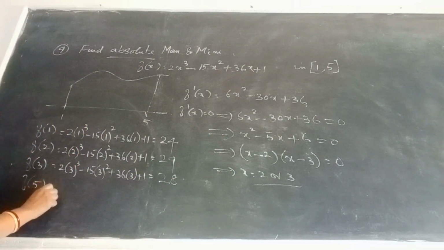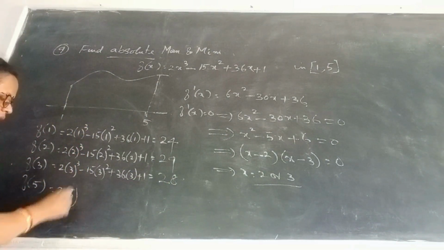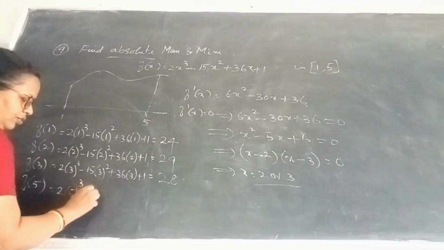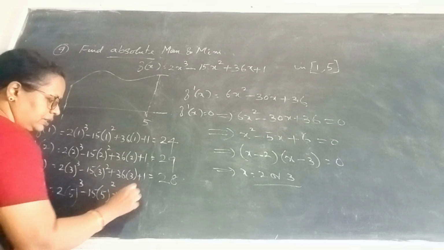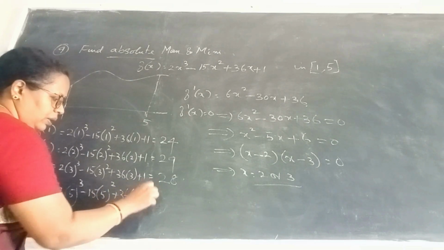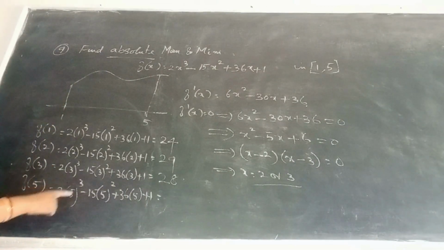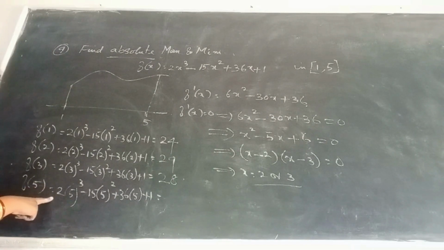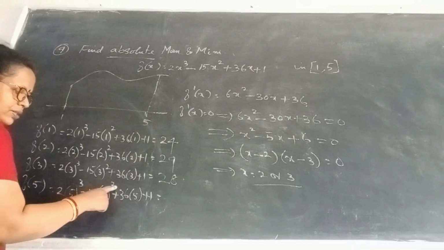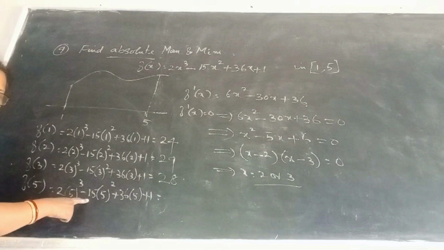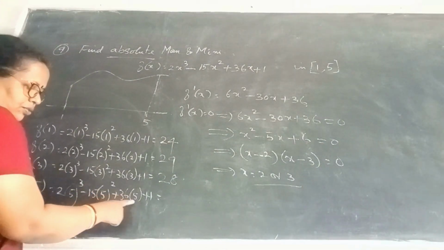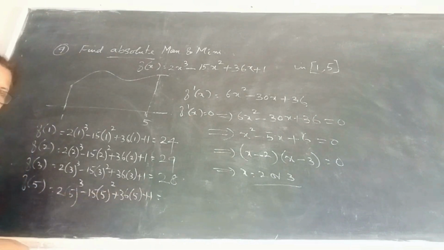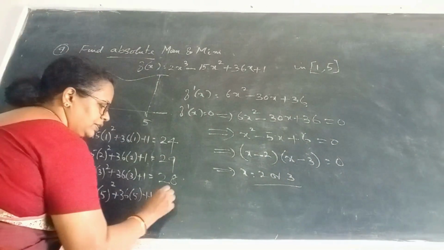Now f of 5, 2 into 5 cubed minus 15 into 5 squared plus 36 into 5 plus 1. Simplify it. 5 cubed is 125. 125 into 2, 250. 5 squared is 25. 25 into 15, 375. 36 into 5, 180 plus 1. When we simplify, we get 56.